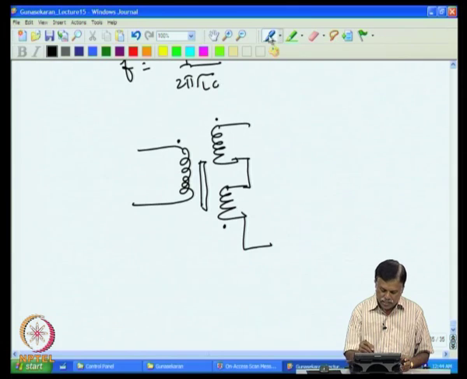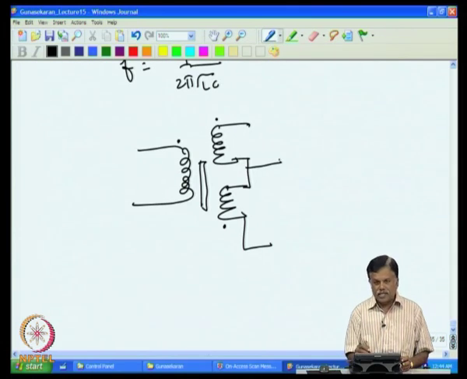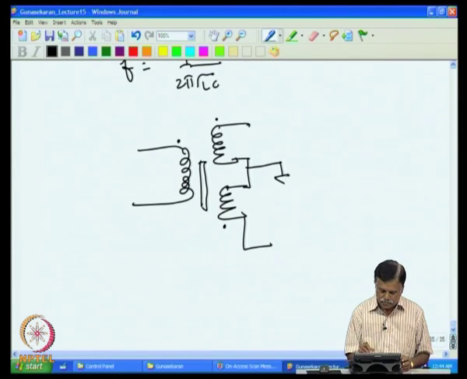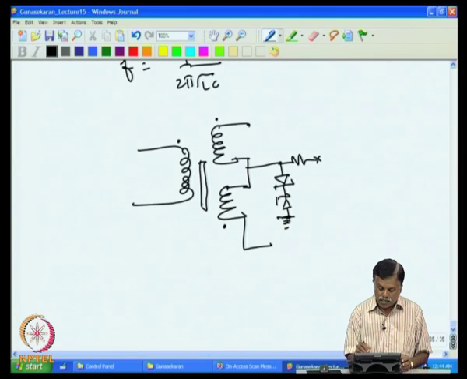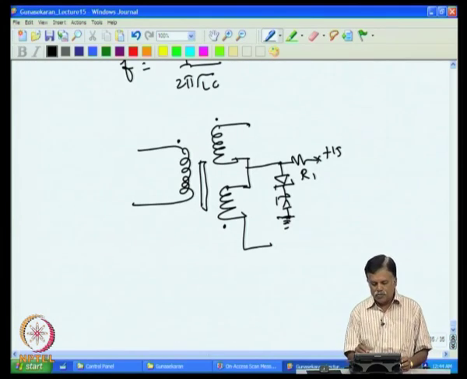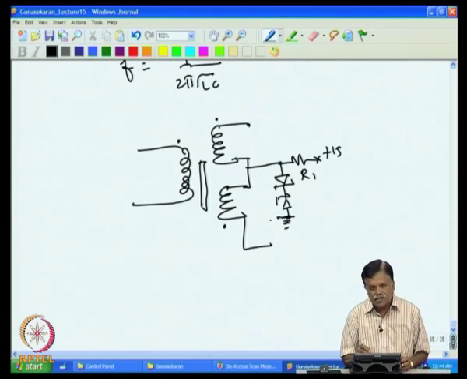Now, what I do is, instead of grounding this, I will connect this to a diode and then a Zener diode. Then I bias this by using a resistance. I put a resistance here to bias this, and we see how much bias current we have to send through this.